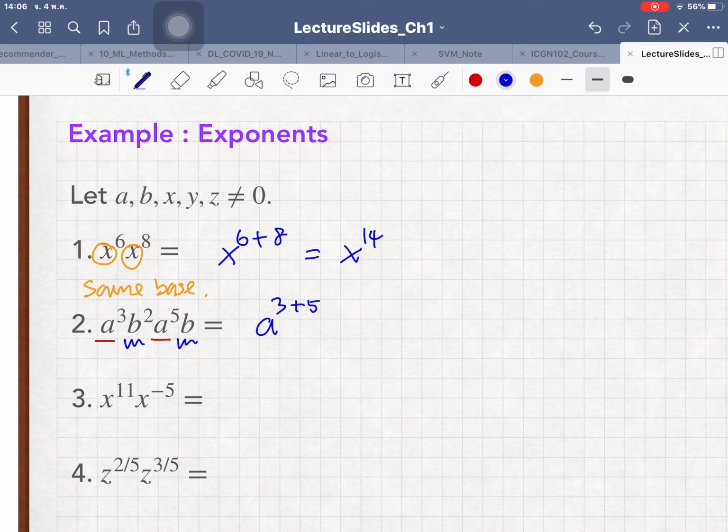For the term of b itself, you can put it to be b to the power 1. So in this case, just add up the powers of 2 and 1. So actually, you're going to get a to the power 8 multiplied with b to the power 3. This is how to simplify the term. You try to combine the like terms together.